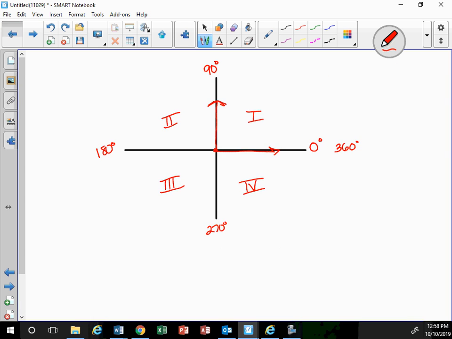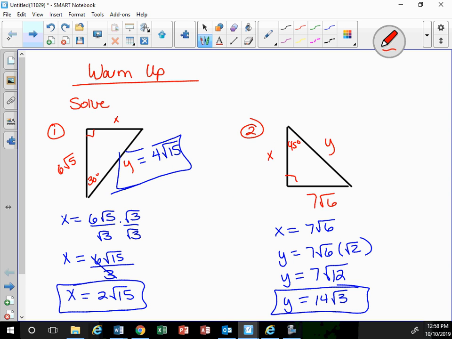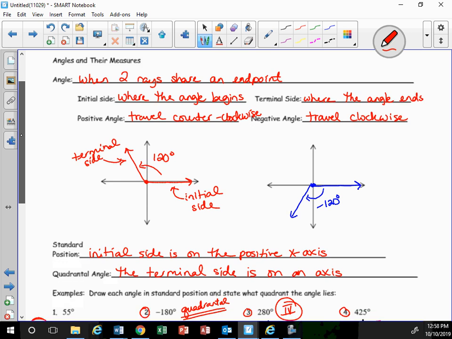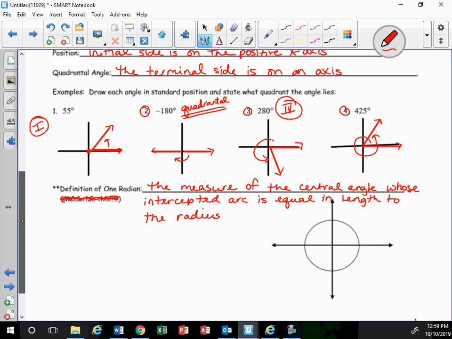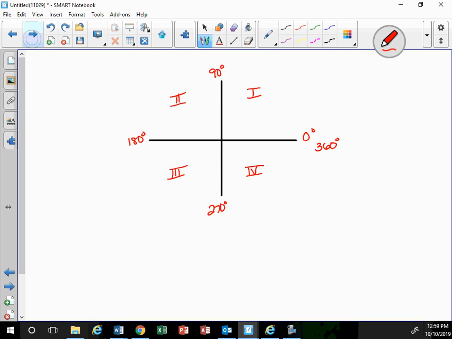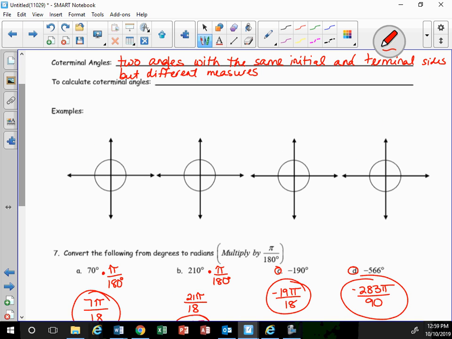All right, so let's look back at our first page here somewhere. Okay. All right, let's just make one. So guys, let's think about it. If I do an angle, we'll go back to 120 degrees right there.